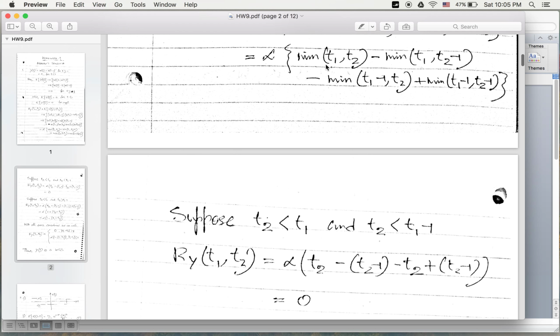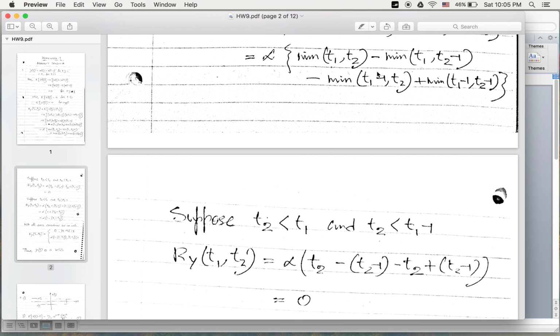Now from this equation we see there could be four combinations of t1 comma t2. So first let us look at when t2 is less than t1 and t2 is also less than t1 minus 1. If this case happens, for the first part the minimum of t1 comma t2 is t2, then for the second part t1 comma t2 minus 1, this is t2 minus 1.